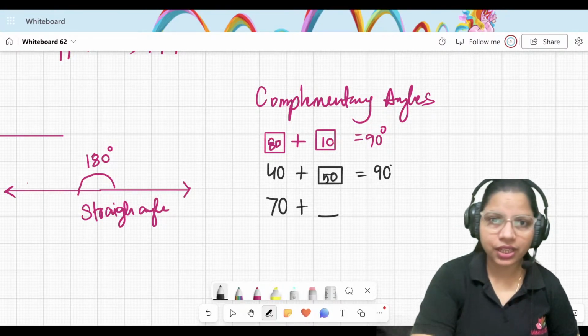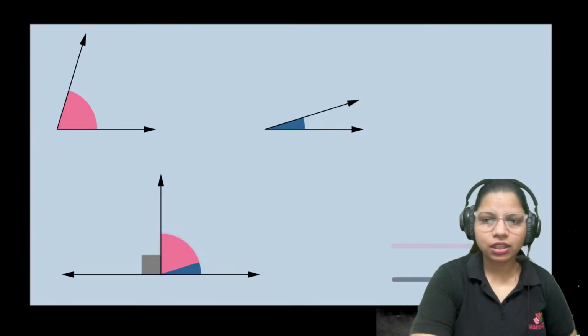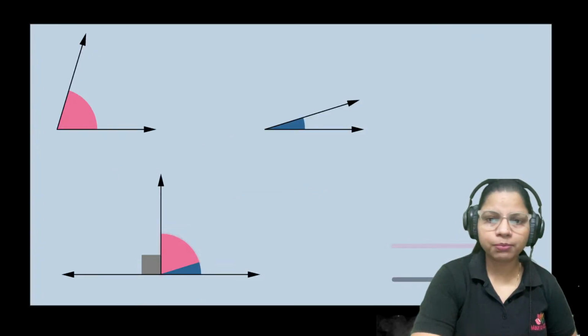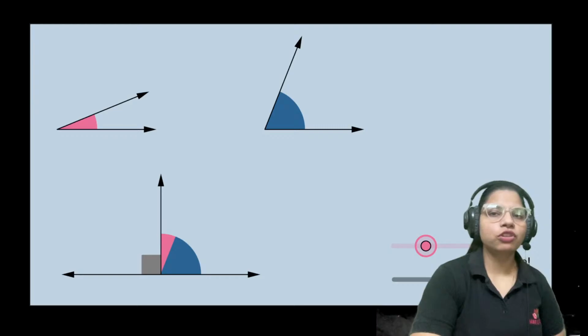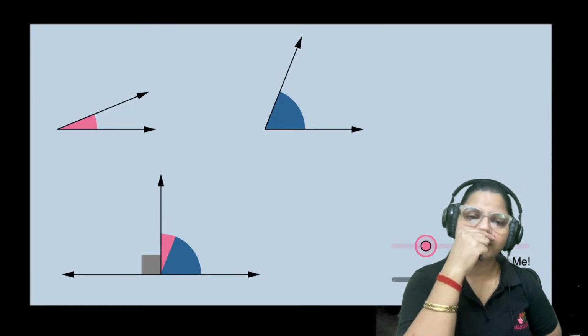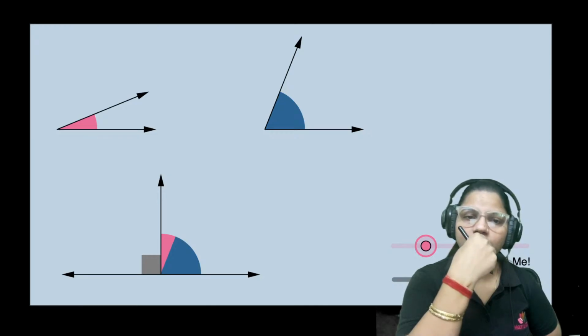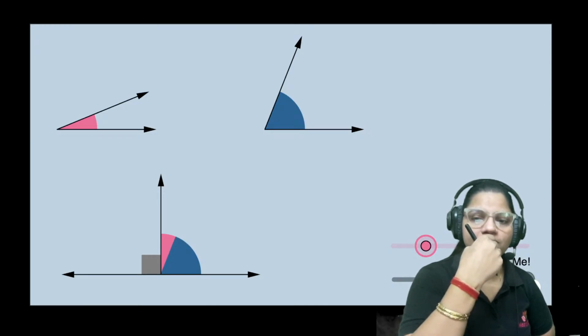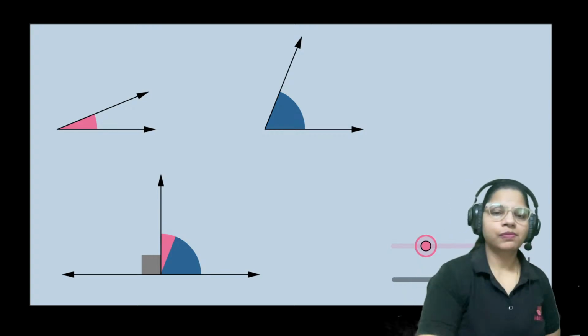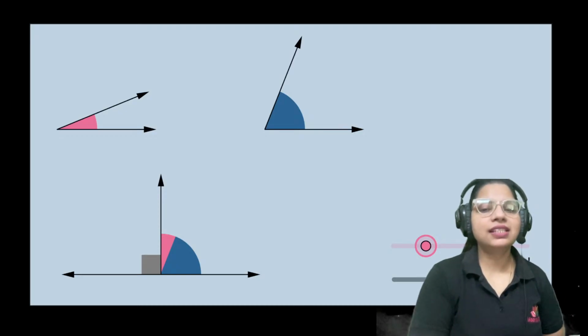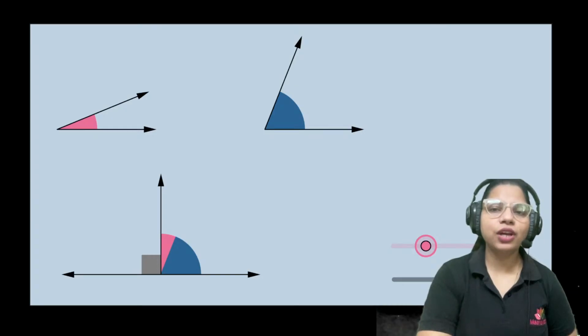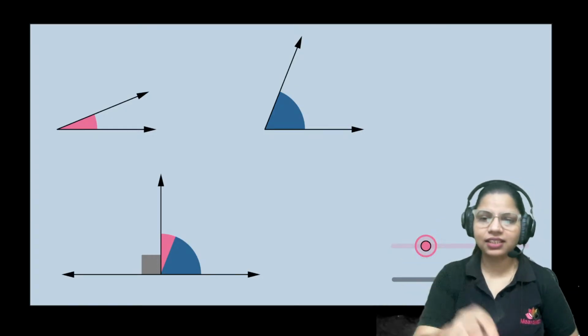Let's imagine the blue is 70 degrees, right? What is the measure of pink? If one is 70 degrees, from 70 you have to land on 90. Wouldn't that be 20 degrees?